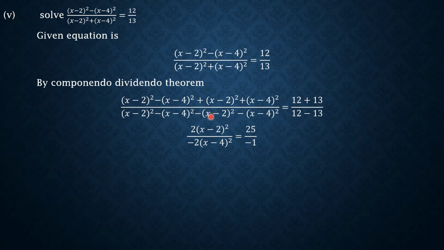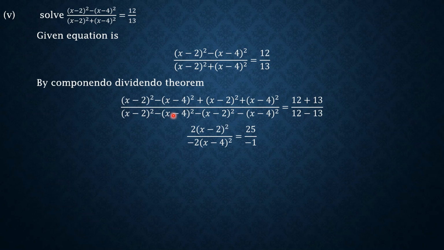So by applying this theorem to the above fraction, we have x minus 2 whole square minus x minus 4 whole square plus denominator, which is x minus 2 whole square plus x minus 4 whole square, divided by x minus 2 whole square minus x minus 4 whole square minus denominator, which is x minus 2 whole square plus x minus 4 whole square. This equals 12 plus 13 divided by 12 minus 13.